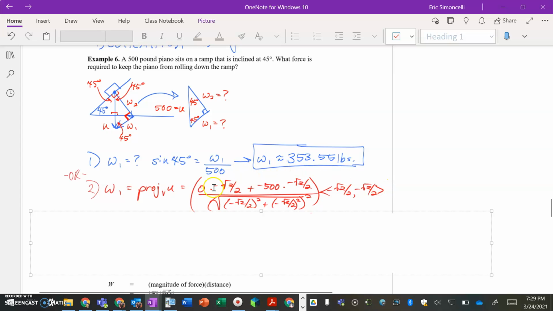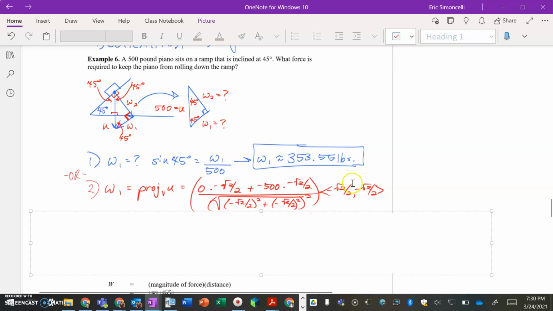So if we do the dot product, pay attention to (0, -500). That would be the ordered pair of this u vector, while (-√2/2, -√2/2) would be the ordered pair of the v vector, again the vector equal and opposite to w1.